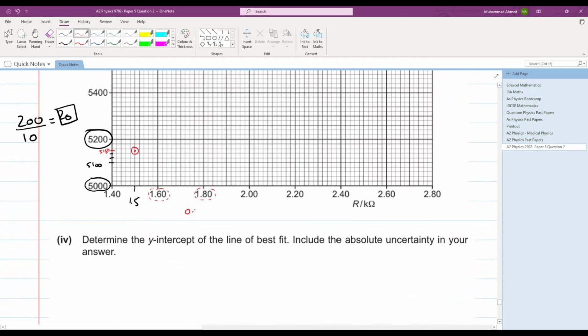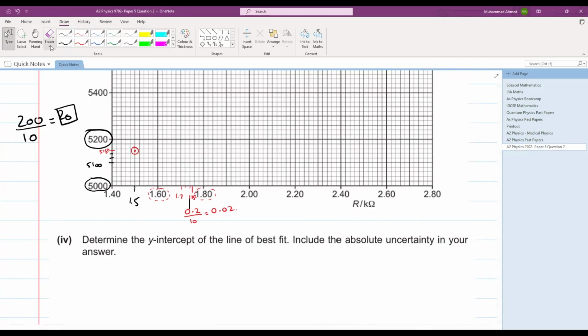That is, you are covering a distance of 0.2 in 10 small boxes. One small box represents a distance of 0.02. So let's say this is 1.7. This will be 1.72. This will be 1.74. This thing will be 1.75.